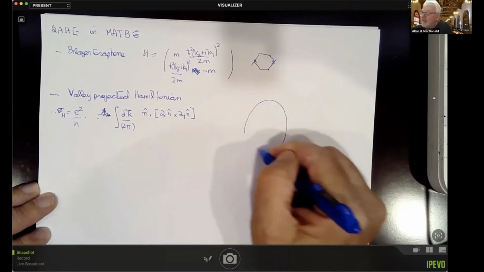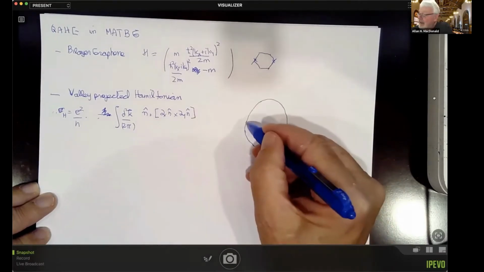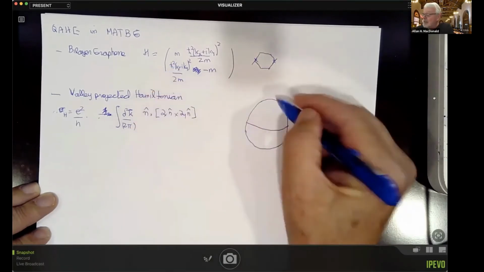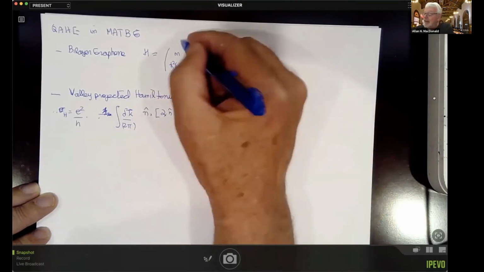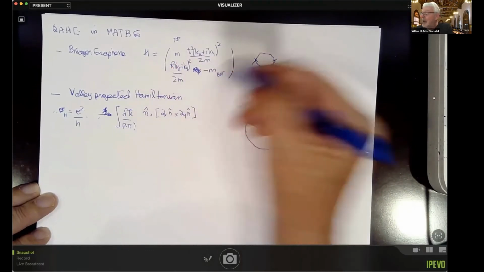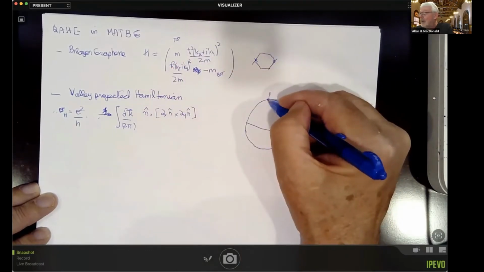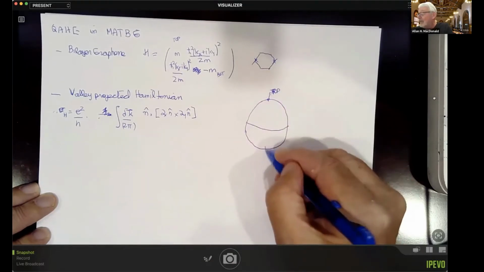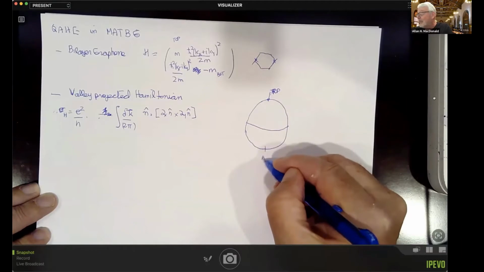Here's the Bloch sphere for this two-level system. For m equal to 0, this would be the top layer here, and this is the bottom layer. And we make a Bloch sphere normally where, let's say, one of the layers is the North Pole, one of the layers is the South Pole.